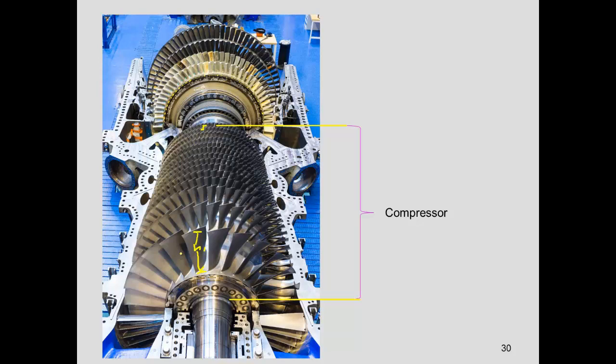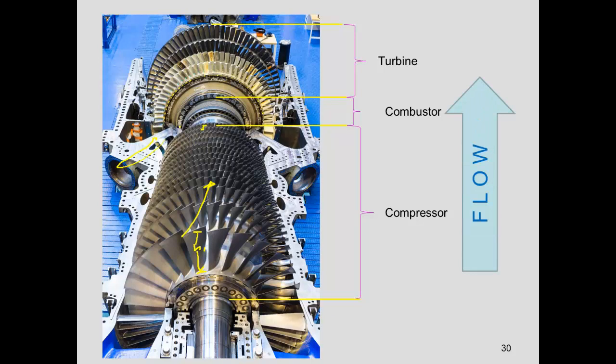So as the airflow goes in this direction, it has less space. The same amount that goes in, goes out. We don't have accumulation, so it reduces the volume. So we are compressing the air. We inject it to the combustor. We can see that actually the air will go this way and then return. Here we have the combustion process, and finally we have the turbine. As we have described, the flow goes in this direction.